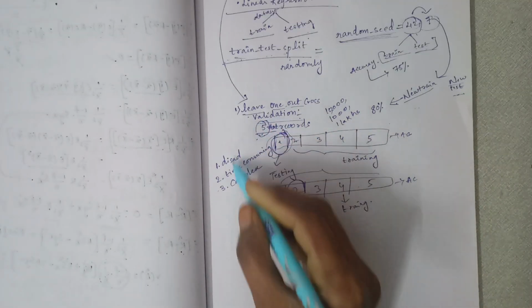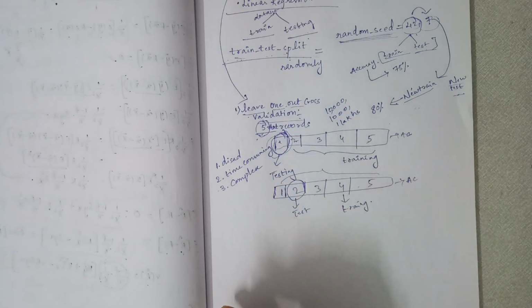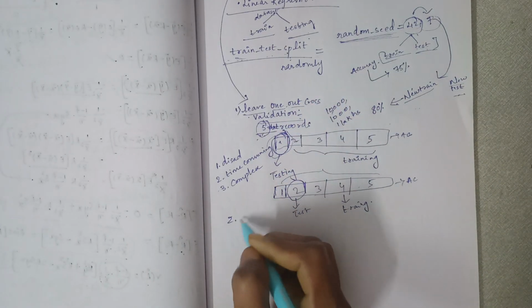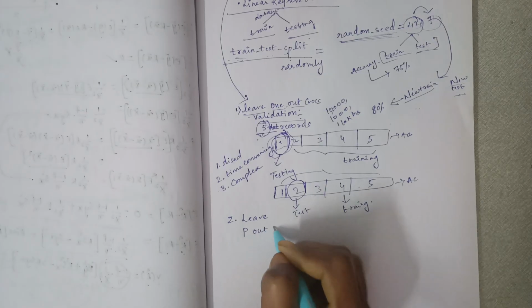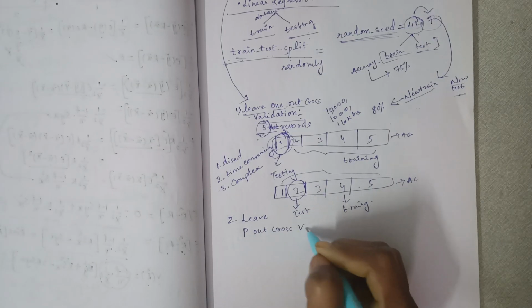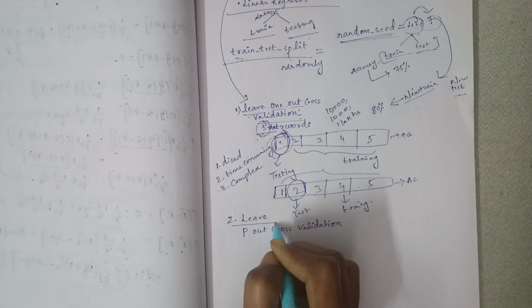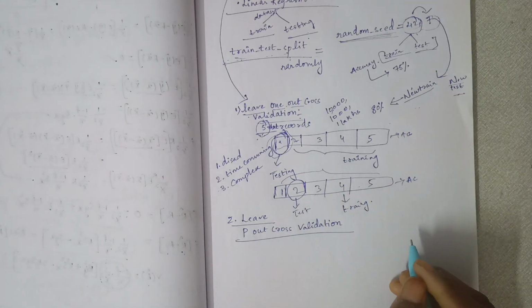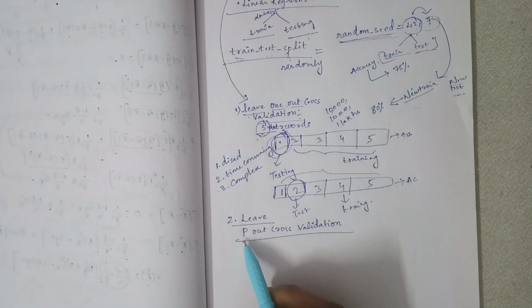So as we have the disadvantages in the first method, we are going to the second method, which is nothing but leave P out cross validation. Here we had leave 1 out, but here we need to leave P out.